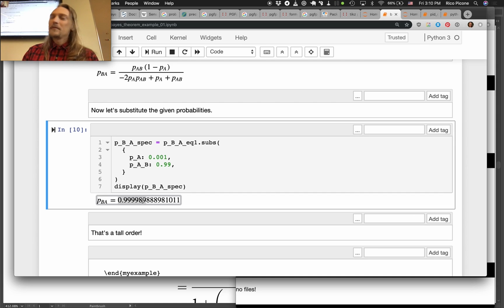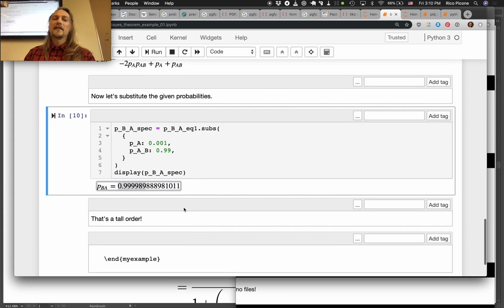0.9998988 whatever percent probability, which is rather high. So a very tall order, right? I really need a very high sensitivity if I'm going to get to this level.